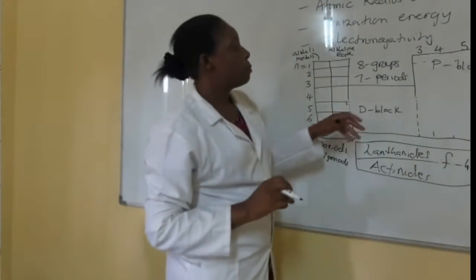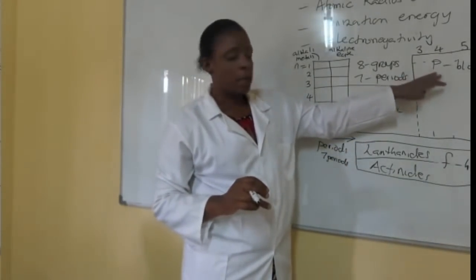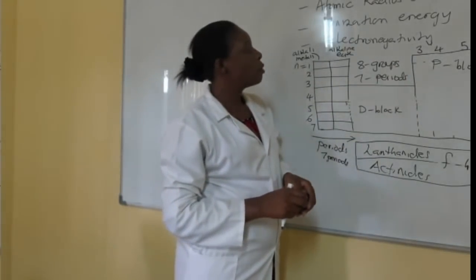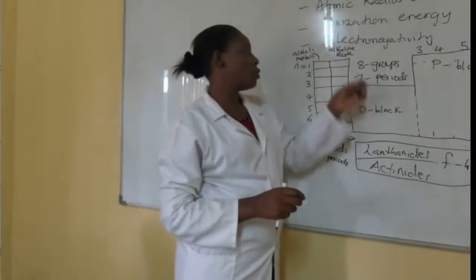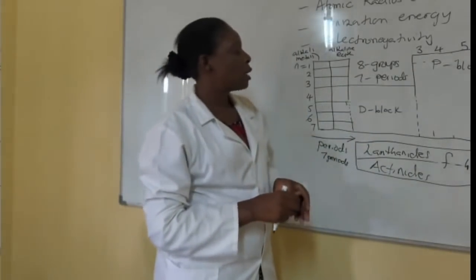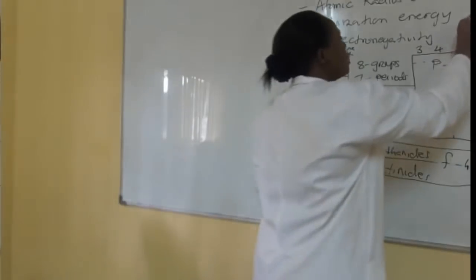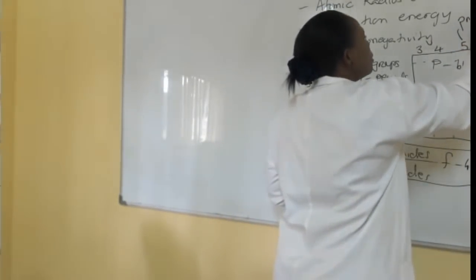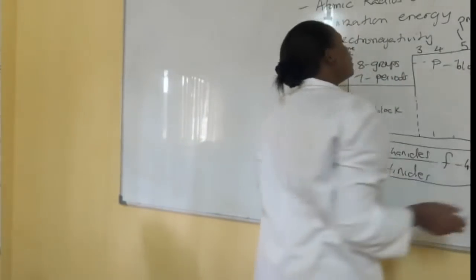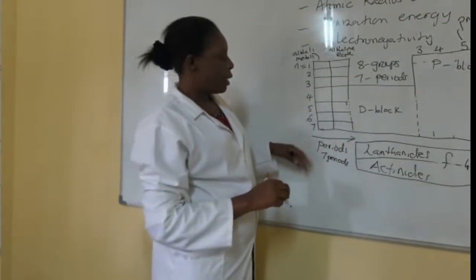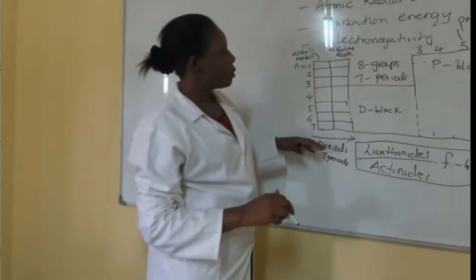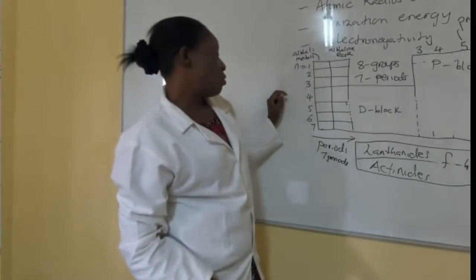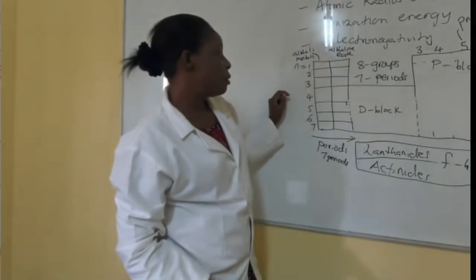Of course, there are several other names you may come across in your reading, like for instance, these are the pnictogens. So roughly, this is your basic information on the periodic table.